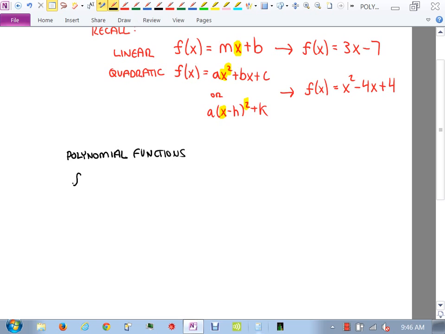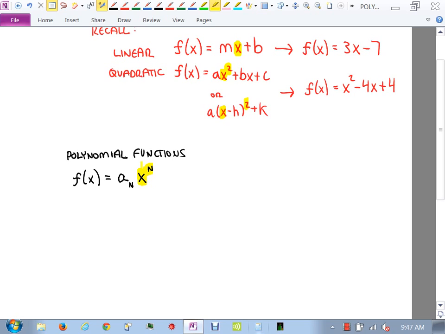A polynomial function looks like this. f of x equals a, so far that's okay, right? Subscripted with an n, x to the n. So what that is, okay, don't freak out. The x to the n is just a power on x, right?